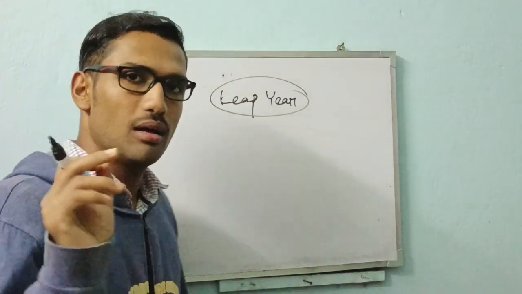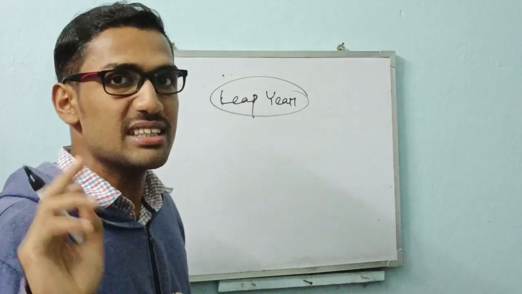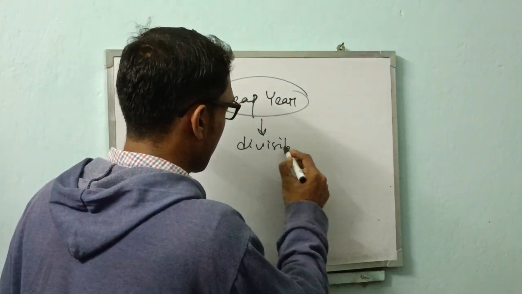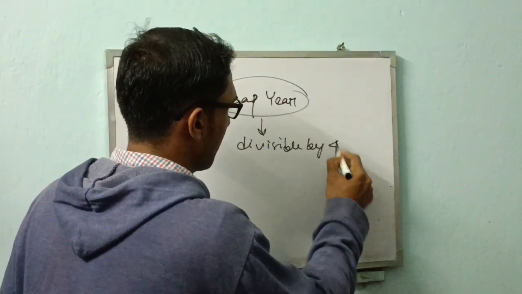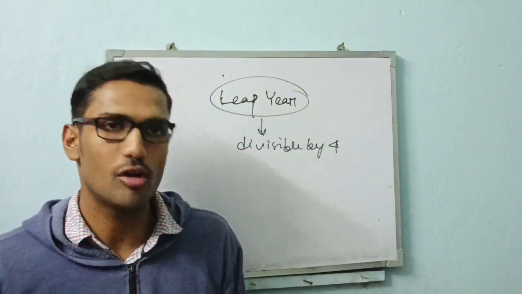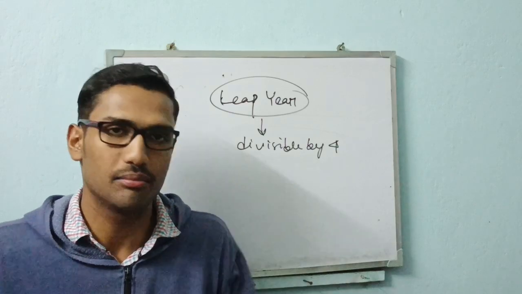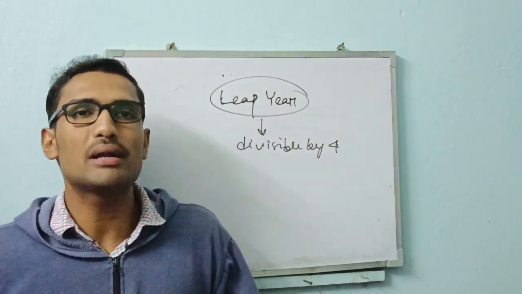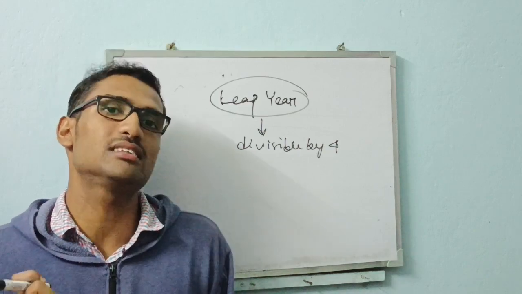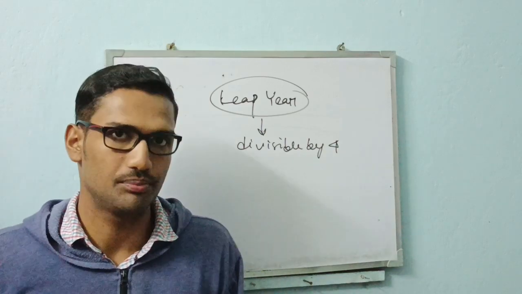Now a year is said to be a leap year if it is divisible by 4. Fine. Okay, fine. If it's divisible by 4, then that year is a leap year. We all know this particular definition. But there is a slight change, and that slight change occurs for the century one.